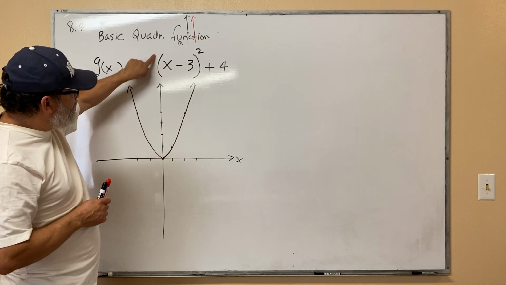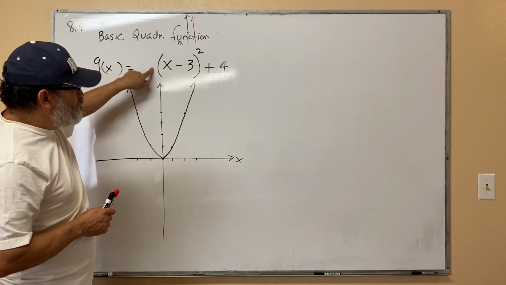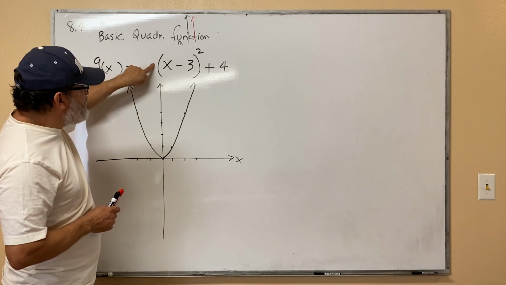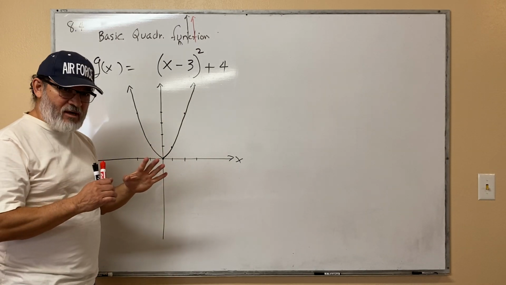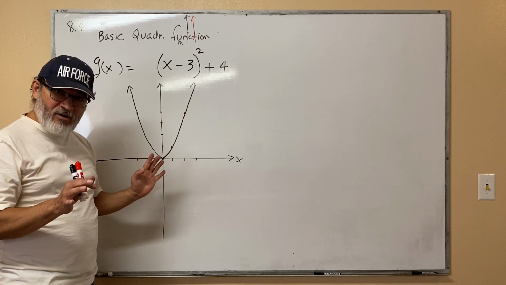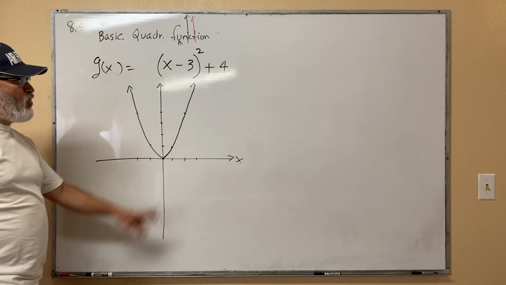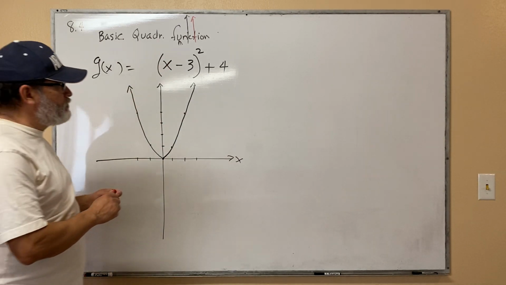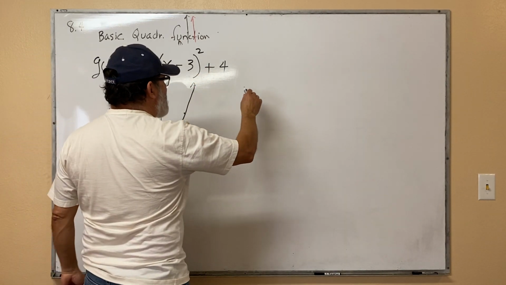You see the coefficient there? This is an invisible 1. So this invisible 1 means it's not going to compress it, it's not going to stretch it. It's going to be the same behavior with a new vertex. What's the vertex? This parabola has a vertex of what?